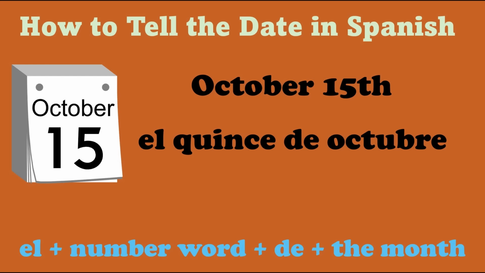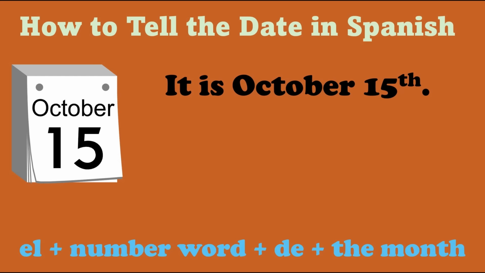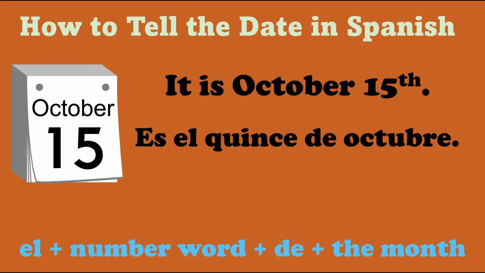But let's look at another example. This time, we will make a complete sentence. It is October 15th. The Spanish, es el 15 de octubre. What changed? Only the beginning. The pattern remains the same.